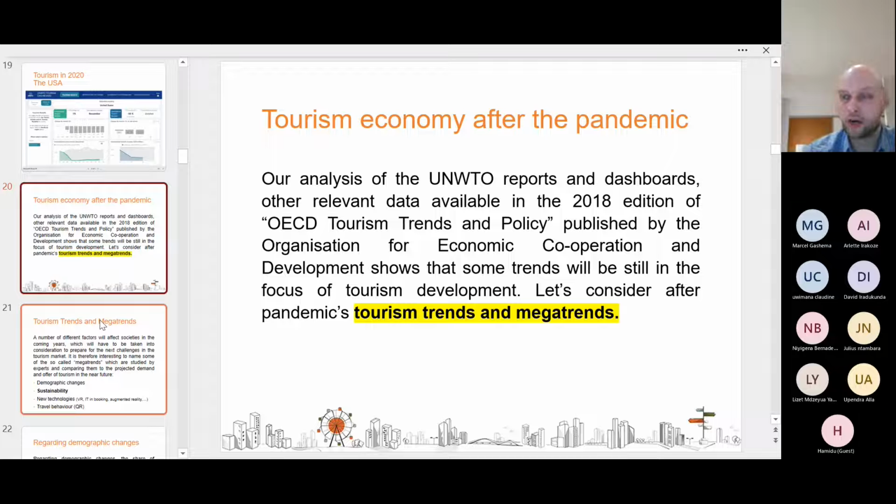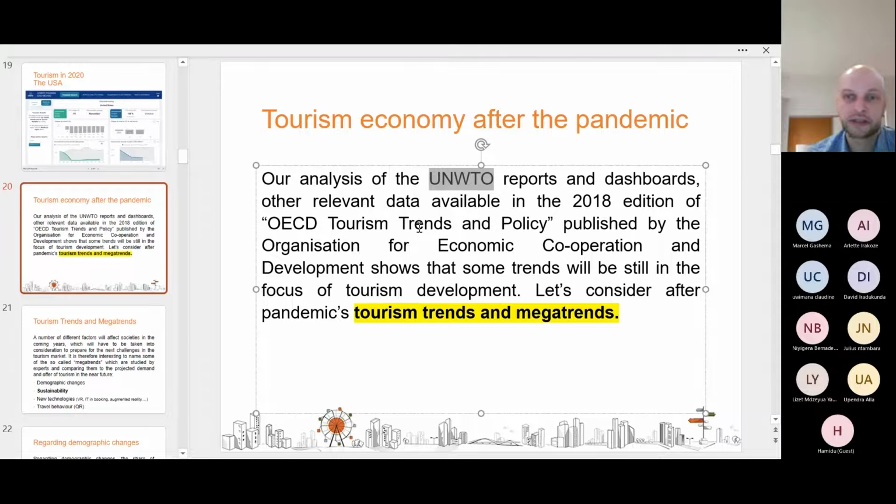So we have analyzed several sources of information that you can use to analyze the tourism industry. One of them is a set of reports published by World Tourism Organization.